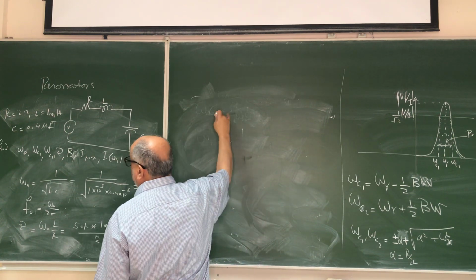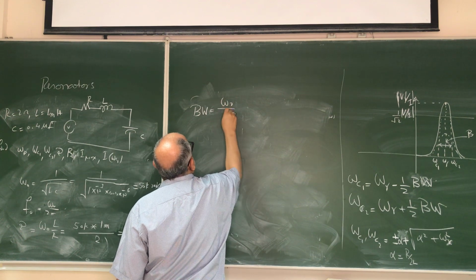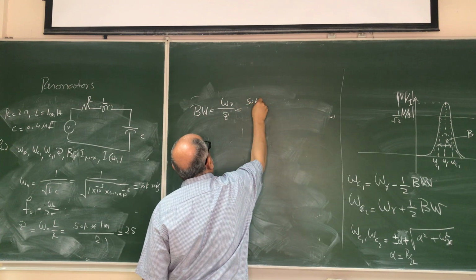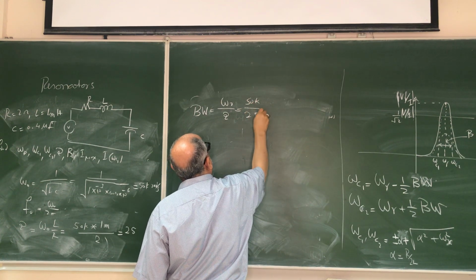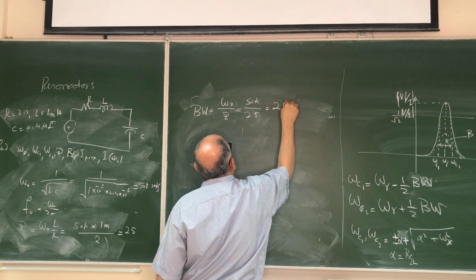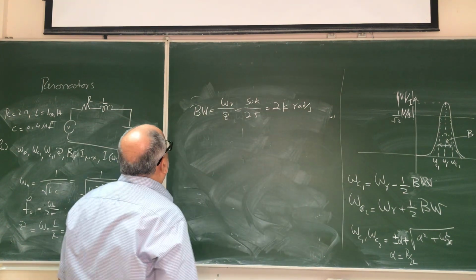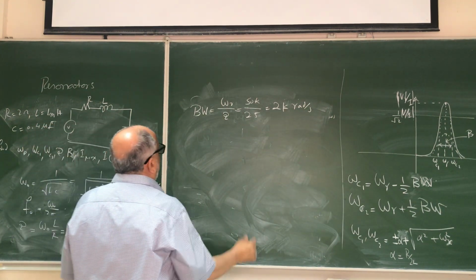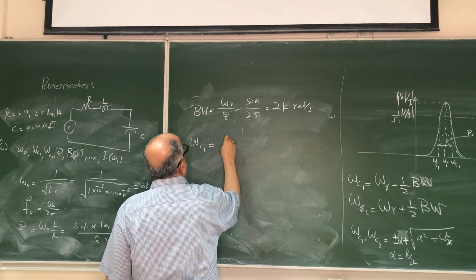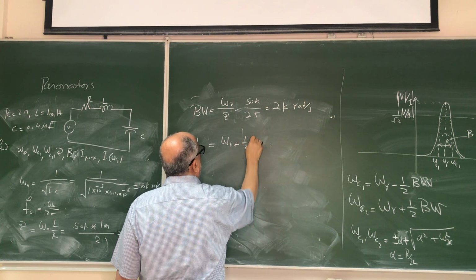So now the bandwidth is equal to omega naught over Q. So this is 50k divided by 25, so that will give me 2k. That is the bandwidth, 2k radians per second. Now if we know the bandwidth, then we can say that omega C1 equals omega naught minus half of the bandwidth.